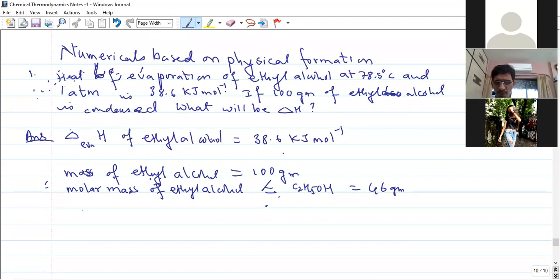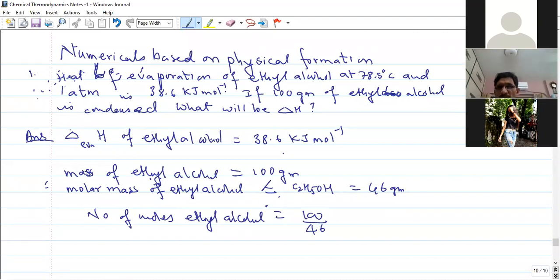So number of moles of ethyl alcohol is equal to 100 divided by 46. Number of moles is mass upon molecular weight.